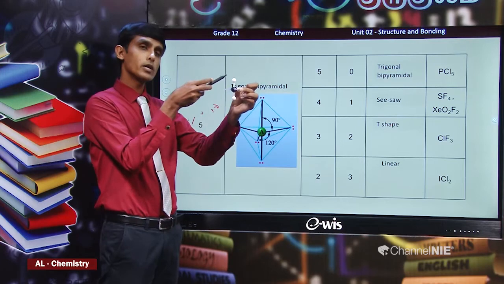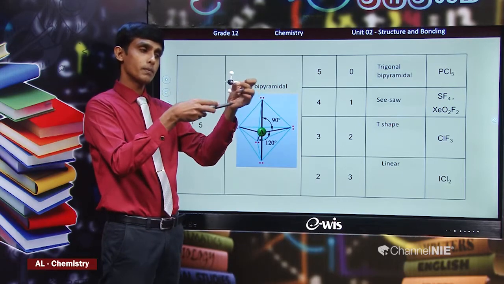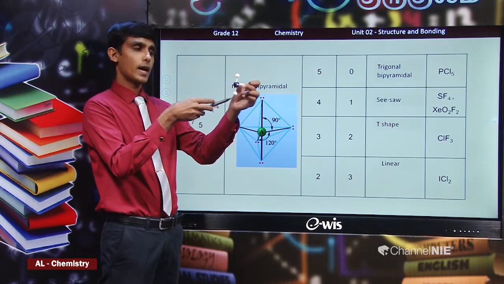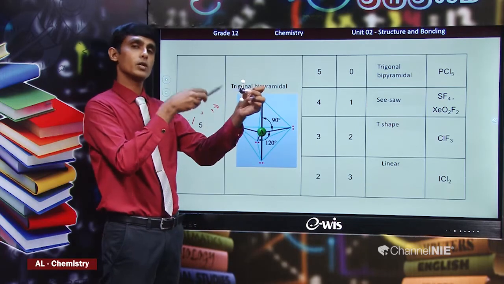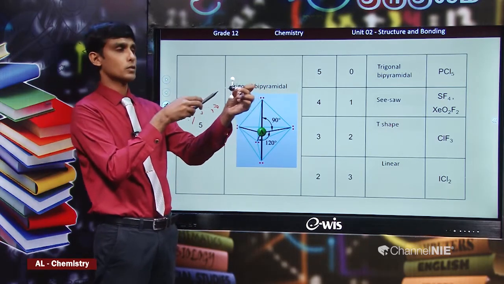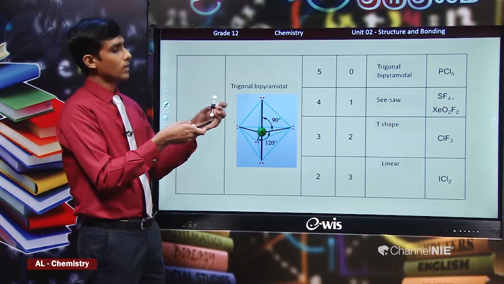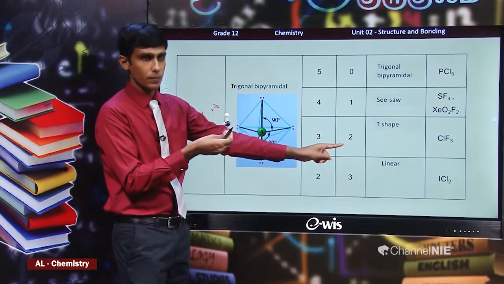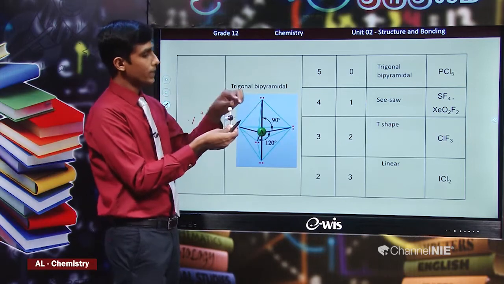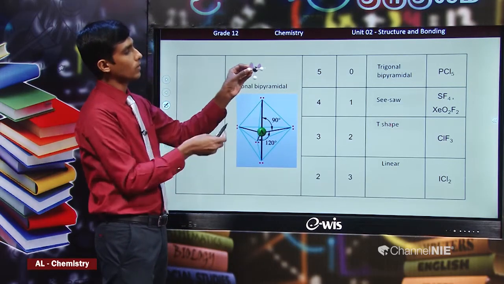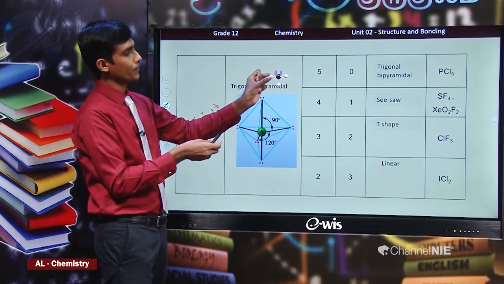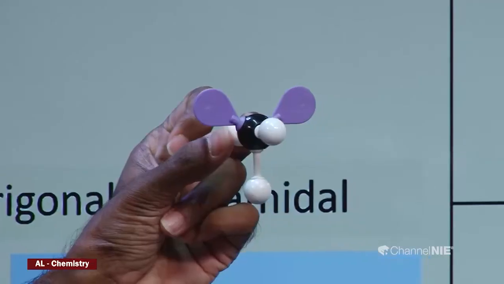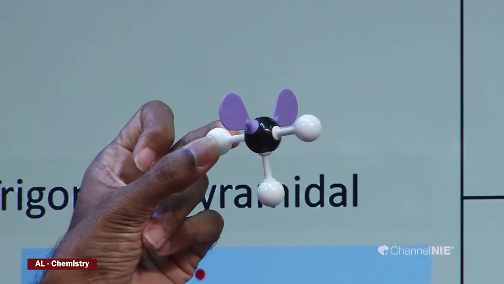So a molecule with this electron pair arrangement has less energy compared to the molecule with the previous electron pair arrangement. Therefore, when you have 3 sigma bond pairs and 2 lone pairs, the shape will be this. This shape is called the T shape.